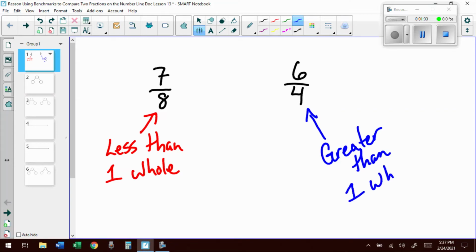So right there, that tells me which one is the greater fraction. I found out greater than one whole. I guess I figured you were all on the same page with me. How I did that was the numerator was larger than the denominator. So that means that it is a fraction that's greater than one whole.